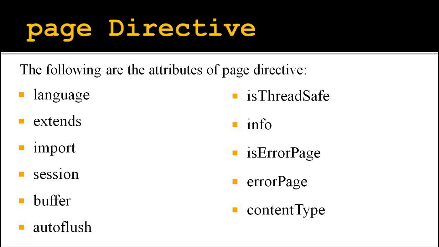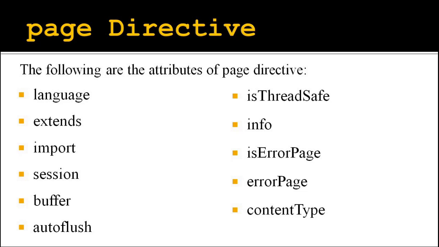Coming to the seventh attribute, isThreadSafe, which also has true or false values. True means it handles simultaneous requests from multiple threads.